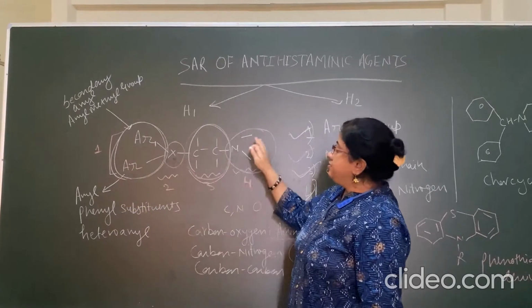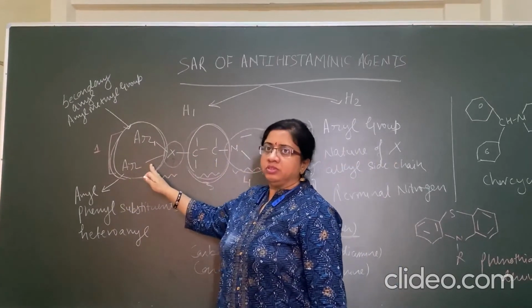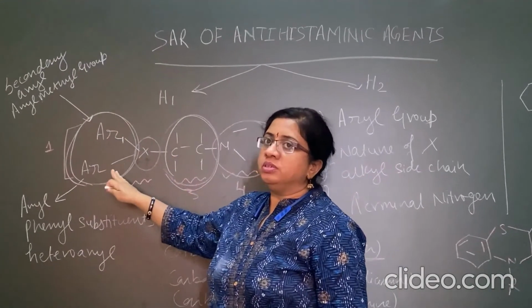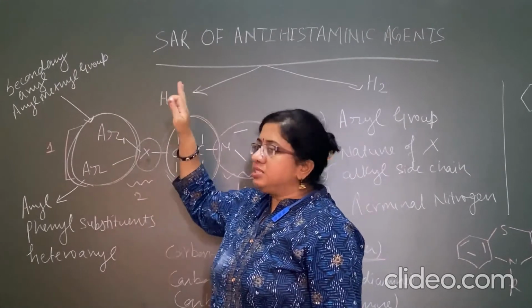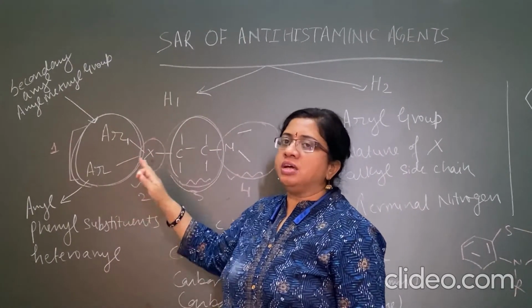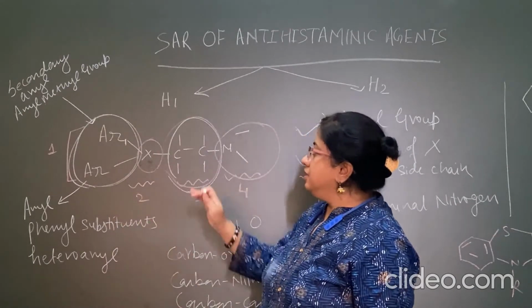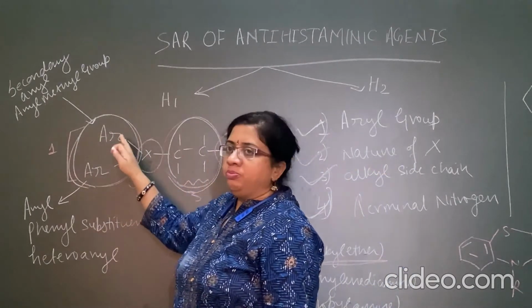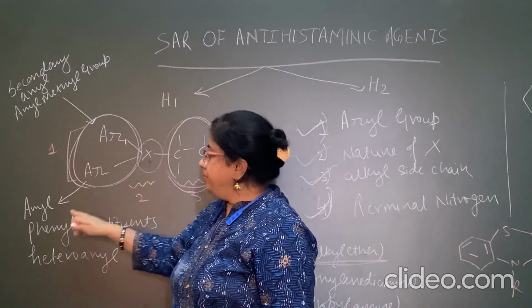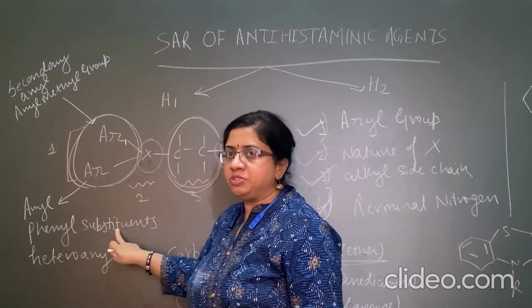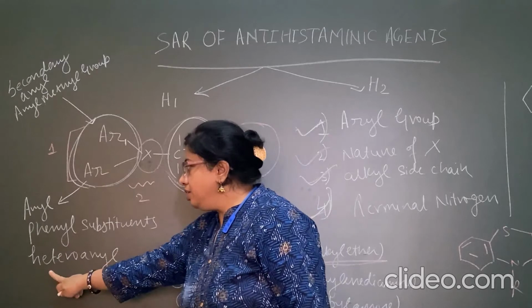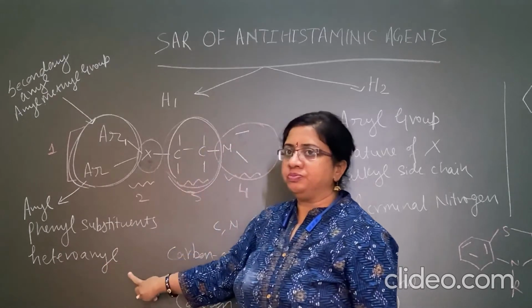In the skeleton we have seen there are two aryl groups. These two aryl groups, the diaryl group, are essential for antihistaminic activity. You have to remember this point always. Here, one aryl group may be an aryl, phenyl substituent or heteroaryl group.